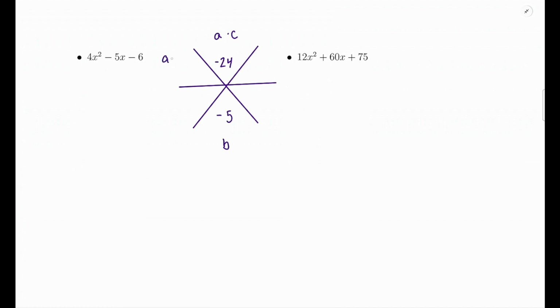And then Ax goes in the top left, and Ax goes in the top right. Now, to get the bottom left and bottom right parts of the asterisk, you need to guess two numbers that multiply to negative 24 and add up to negative 5.